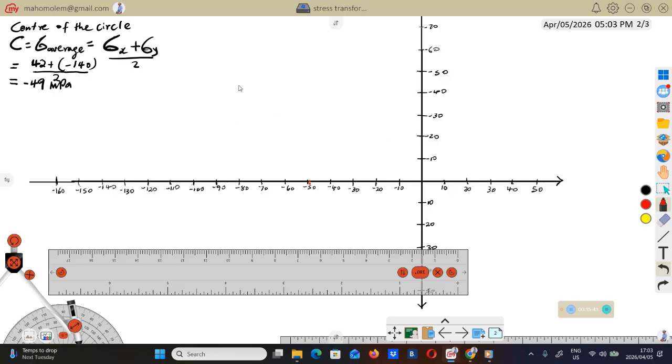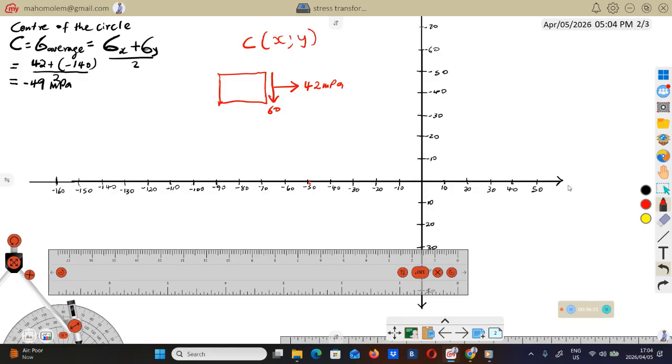So if I draw this thing temporarily, I'm going to remove it. From our x face, you will recall that we had something like this on the x face. You know the coordinate from mathematics, it's x, y.